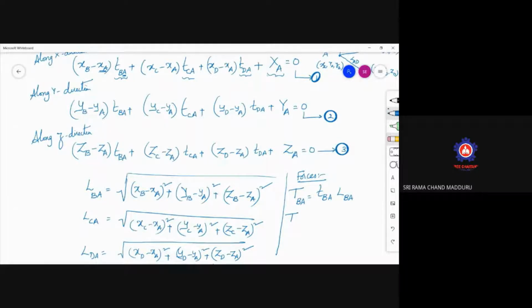So here, FCA is nothing but TCA into LCA. FDA is nothing but small tda, that is the tension coefficient multiplied with LDA. This is how we will get the forces in the members.